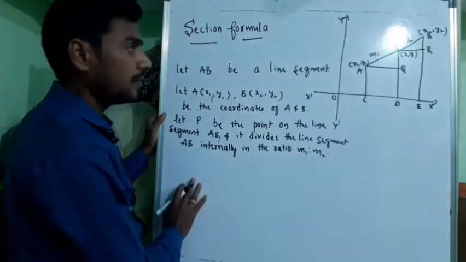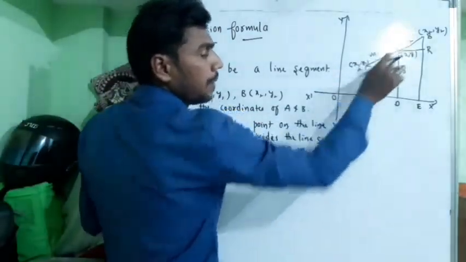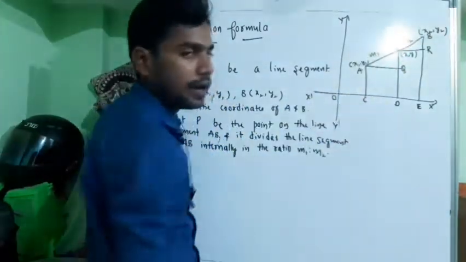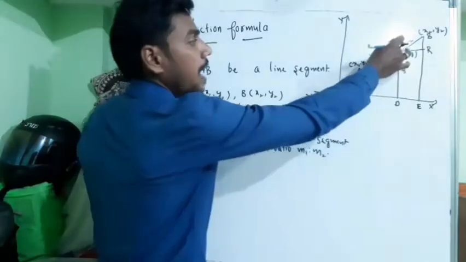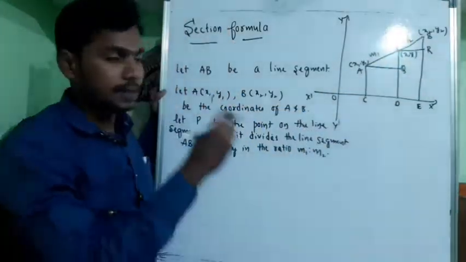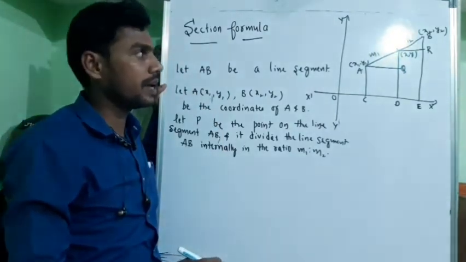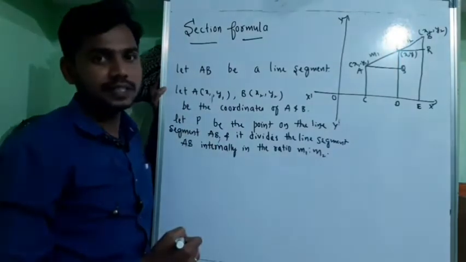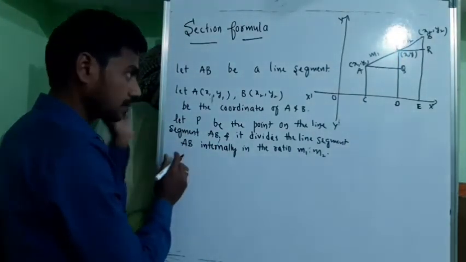Next, we need to prove that triangle APQ and triangle PBR are similar to each other. After that, through the proportionality relationship, we can obtain the section formula.